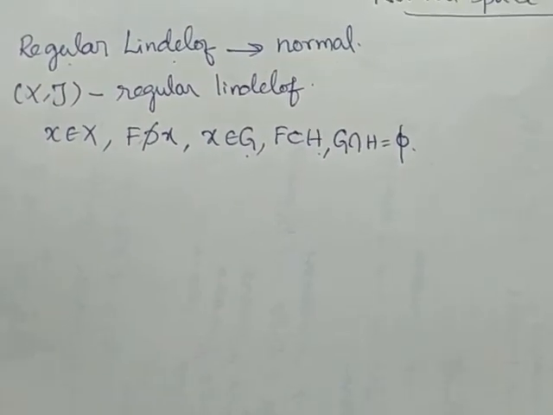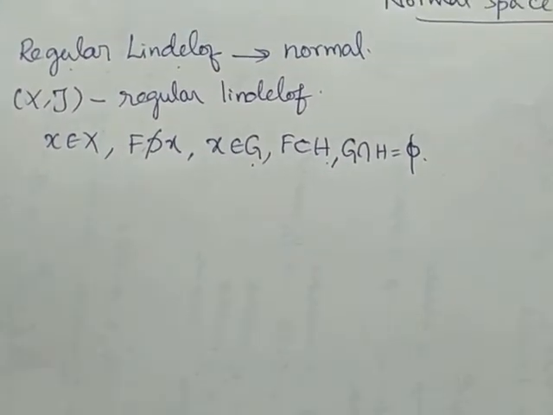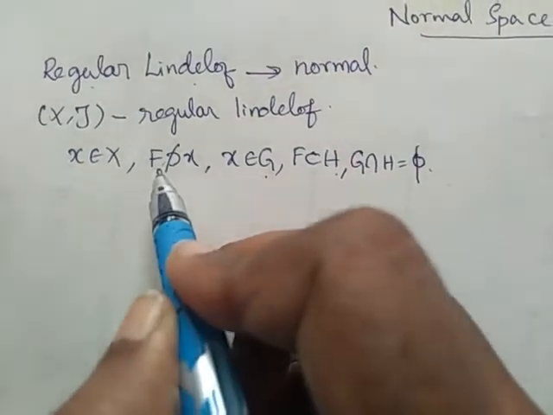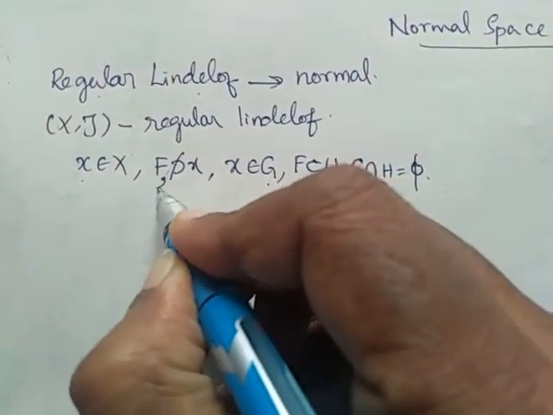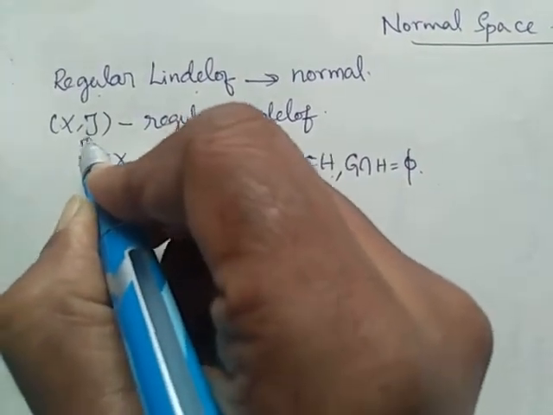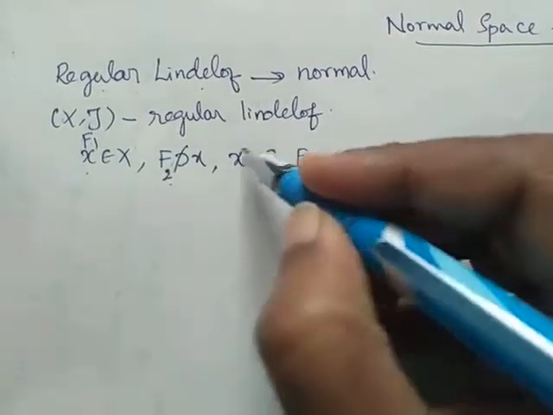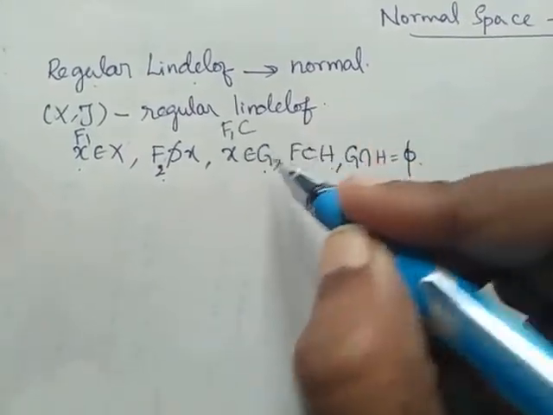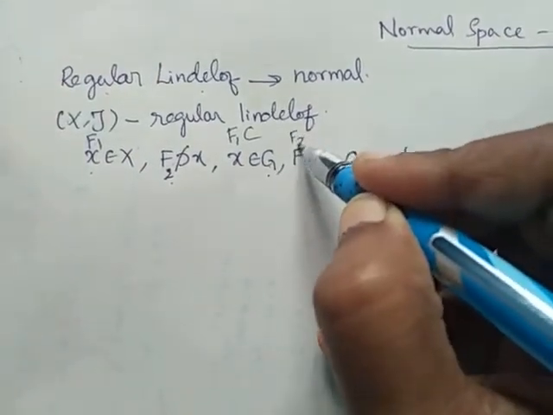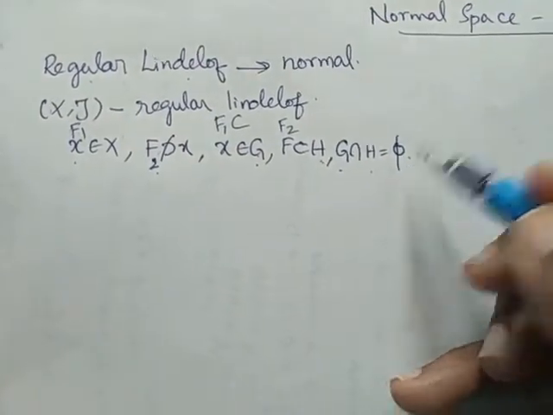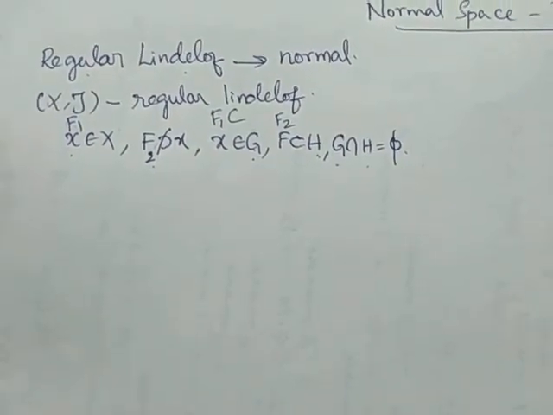Now we have to prove it is a normal space. To prove the space is normal, we should have two disjoint closed sets F1 and F2 such that F1 is a subset of an open set and F2 is a subset of another open set, with the two open sets disjoint.